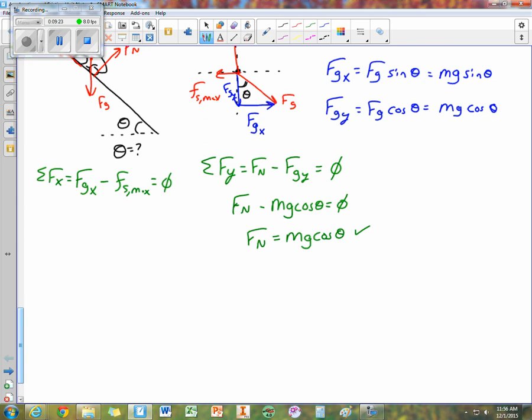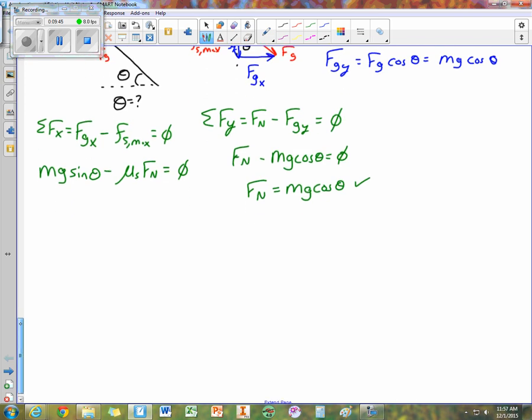We can start plugging some things in. Fgx is going to be mg sine theta. Our model for friction is the coefficient times the normal force, and that has to equal 0. From the y-axis, we know what we need to plug in for the normal force.